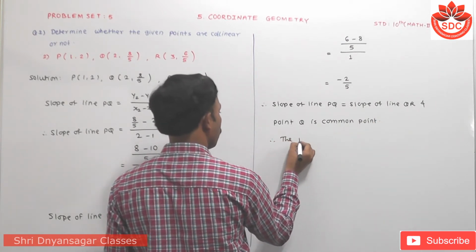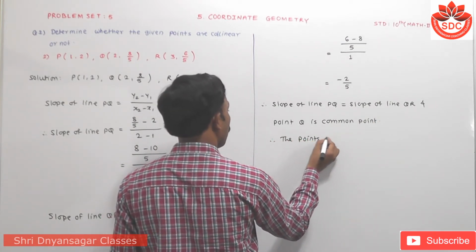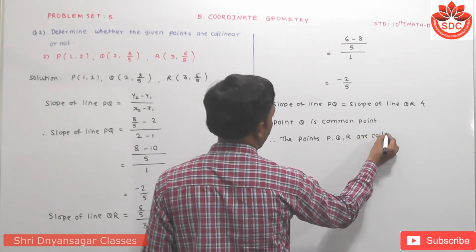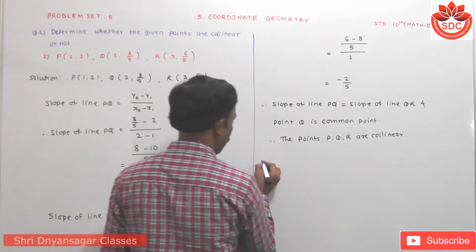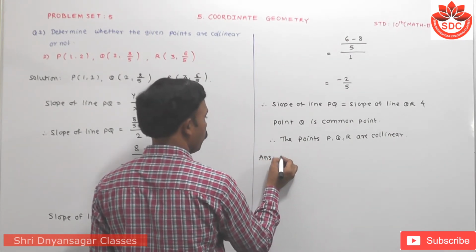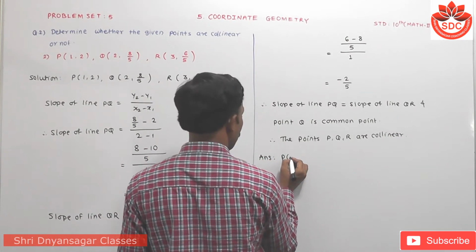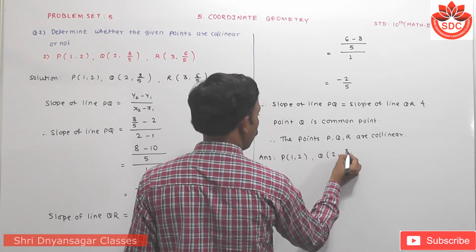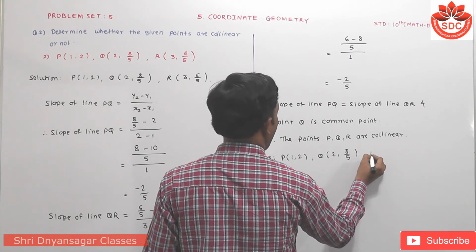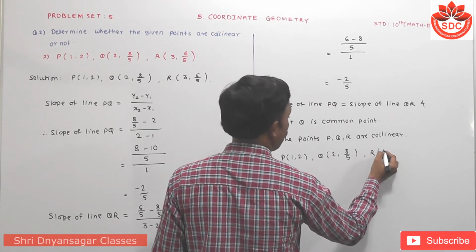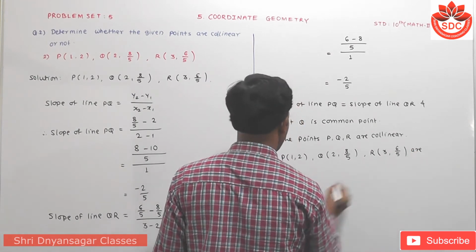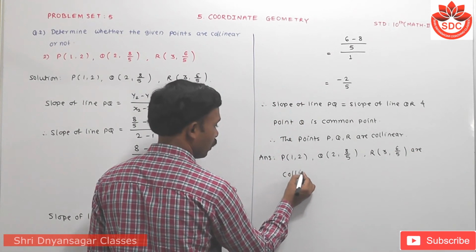Therefore the points P, Q, R are collinear. Student, the answer in full sentence: Therefore P having coordinates 1 and 2, Q having coordinates 2 and 8 upon 5, R having coordinates 3 and 6 upon 5 are collinear points.